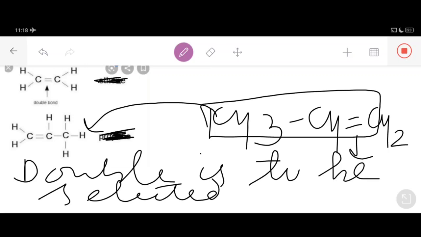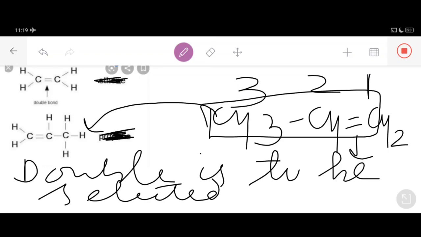But as far as this particular compound is concerned, we are supposed to number the longest selected carbon chain from that very side where you will see the double bond. The moment you see the double bond, you are supposed to give preference to it. So we number the carbon chain from this left-hand side: 1, 2, 3.